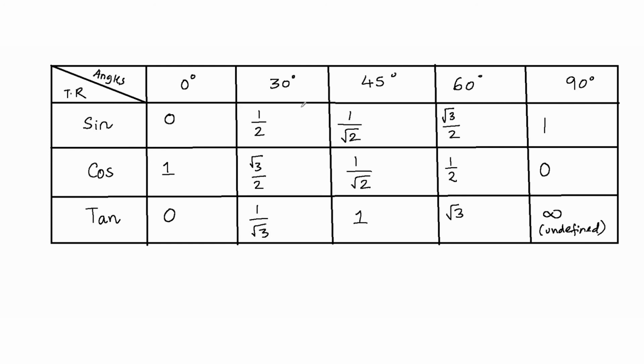There has to be some pattern that you should notice in this particular table. Do you notice that cos and sine are actually interchanged? Just take a look at what I'm doing.